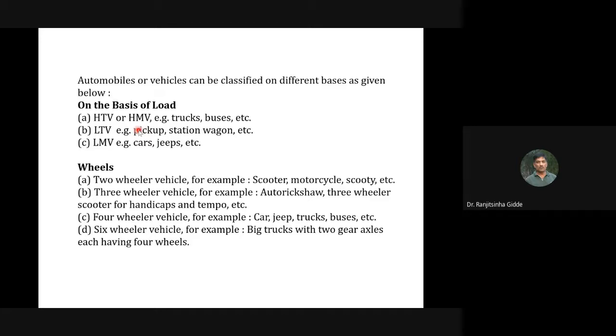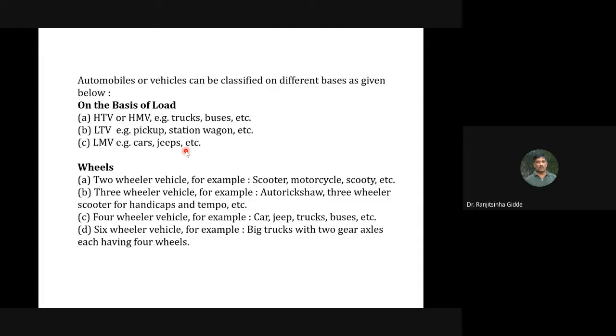Sometimes from the name itself we are able to identify what it is. Then station wagon: we can transport some people as well as luggage, so that's why it comes under light transport vehicle. And under the light motor vehicle category, there are cars and jeeps.